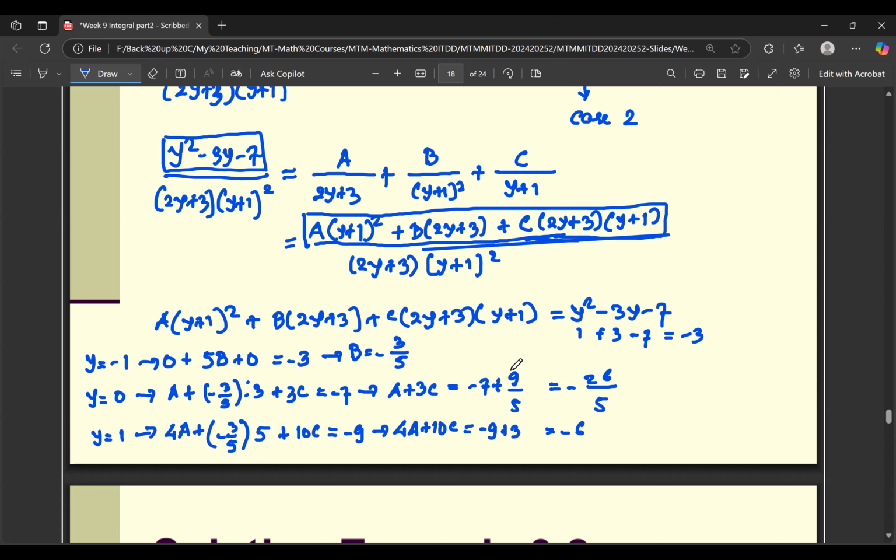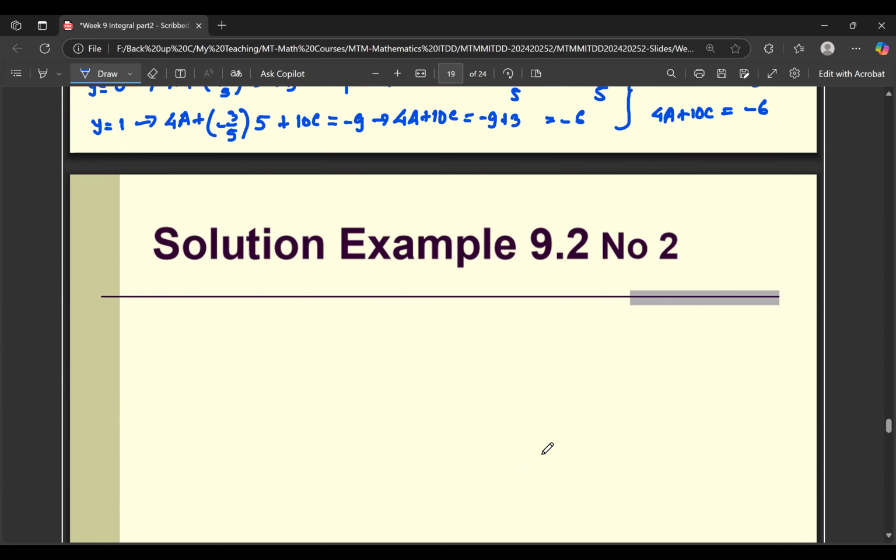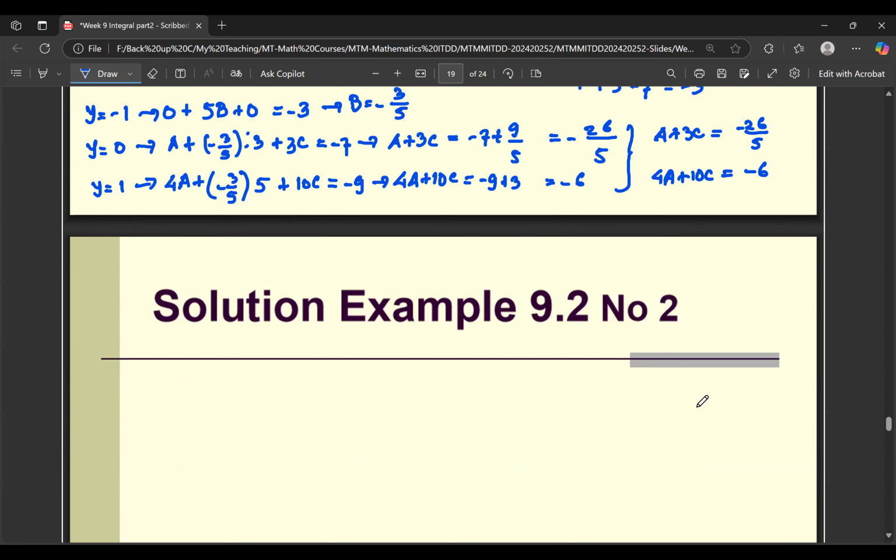Okay. So we must solve A plus 3C is equal to minus 26 divided by 5. And this is for A plus 10C is equal to minus 6. Yeah, I hope it is correct. Okay, how to do that? We can multiply by 4.